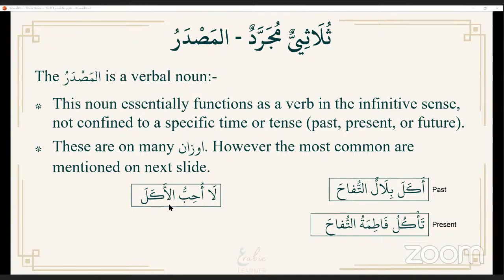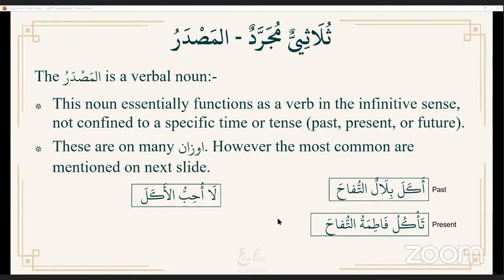What are they? Rafa, nasab, and jar. Masdar can be rafa, masdar can be nasab, masdar can be jar also. But it doesn't indicate tense. It is free from time. It can be any time. It is free from time, infinite.